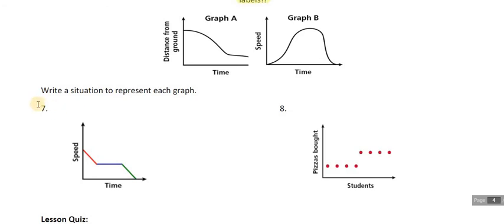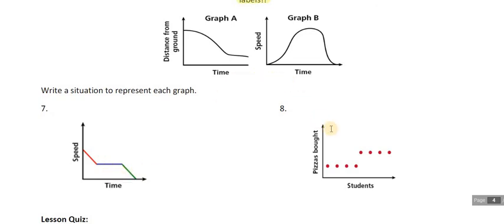All right, so now we've got two more problems, and this is actually the reverse of what we did initially. It says write a situation to represent each graph. Here notice it's speed with respect to time. So we're traveling at a pretty high speed, slowing down, then traveling at a constant rate of speed for a period of time, and then slowing down to a speed of 0, coming to a stop.